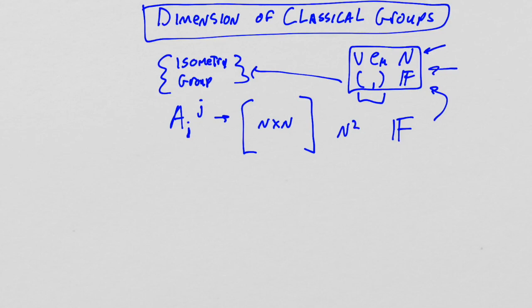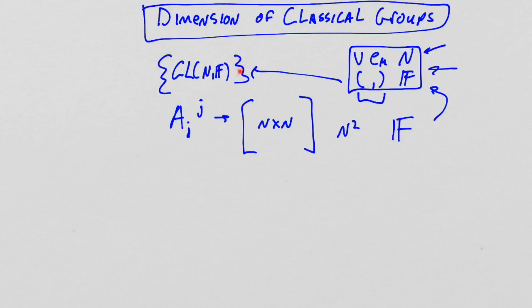N squared numbers, each of which is drawn from the underlying field F, right? So in principle, there are n squared elements, and you could say, well, let's forget that it's an isometry group. Let me back off of this. Let's just say that it's the group of all possible matrix transformations. So this is GL(n, F).